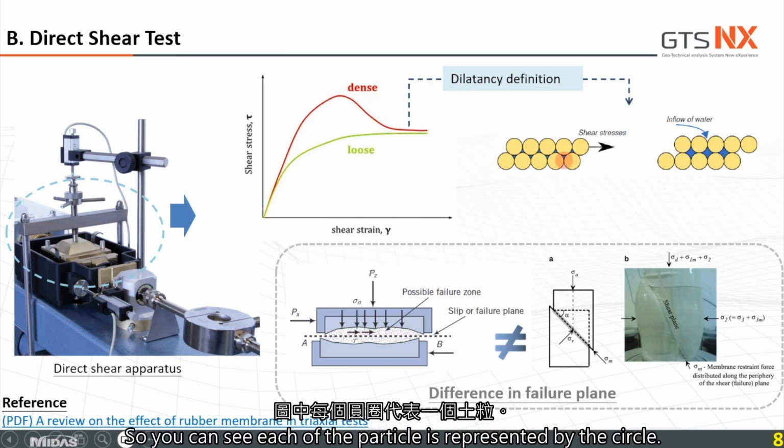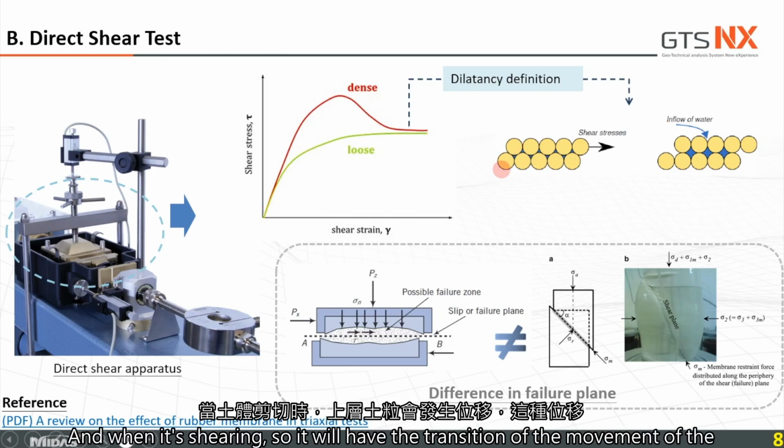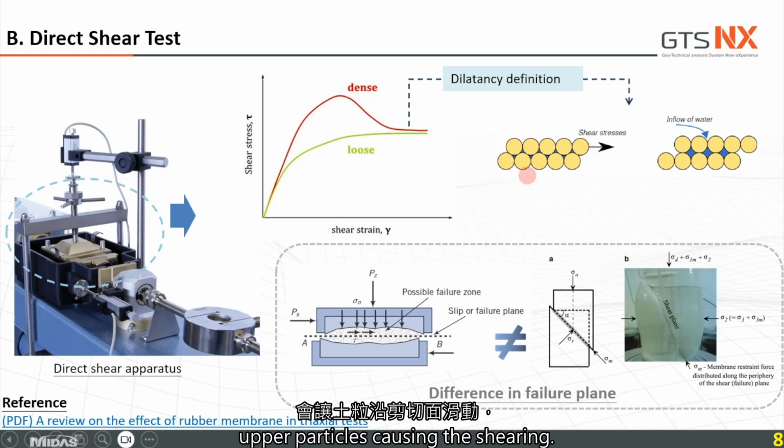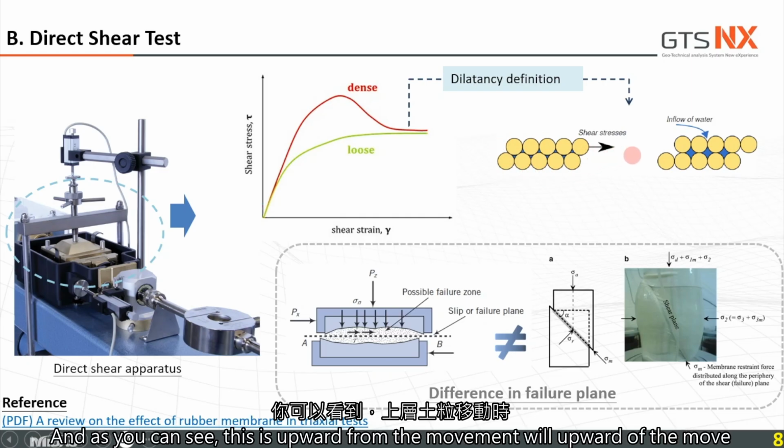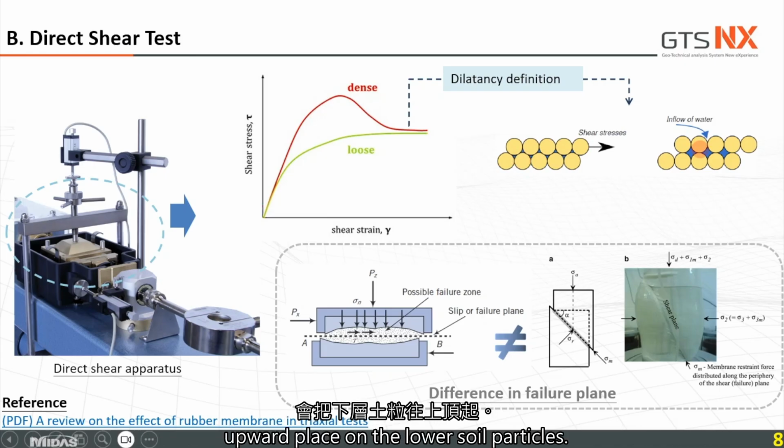Each of the particles is represented by a circle, and when it is shearing, the upper particles move and cause the shearing, and as you can see, the movement is upward on the lower soil particles.